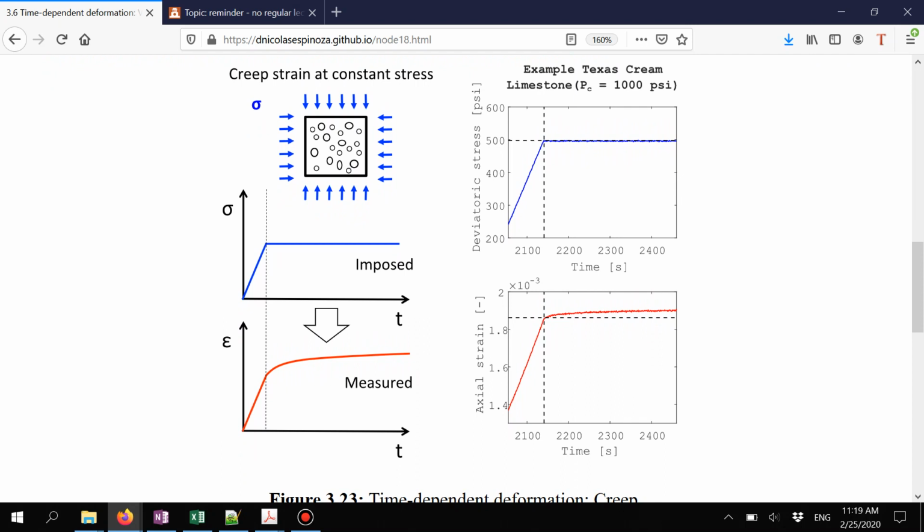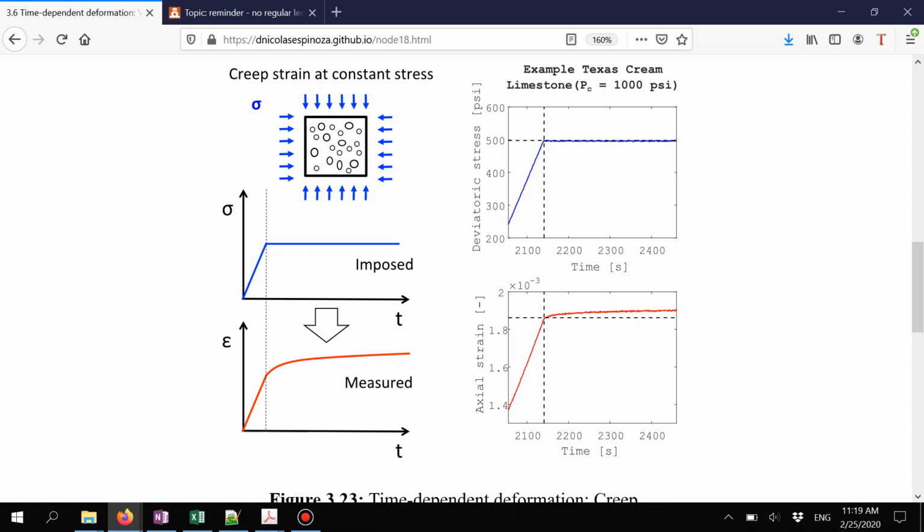But in realistic rocks, we see that after you stop applying the stress and you maintain that stress constant, you stop the increase, but you maintain that constant, strains are going to continue with time. And those are the so-called creep strains. This means that rocks are going to deform after the stress is applied and if that stress is held for some time.